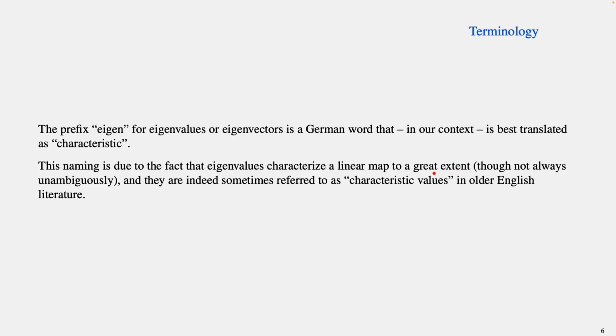So there's a little bit of freedom in the characterization, even if we know the eigenvalues. We will see that more precisely later. And so in older English texts, eigenvalues are still often referred to as characteristic values. But for some reason it has become more popular to use this German phrase, eigenvalue, in newer literature.